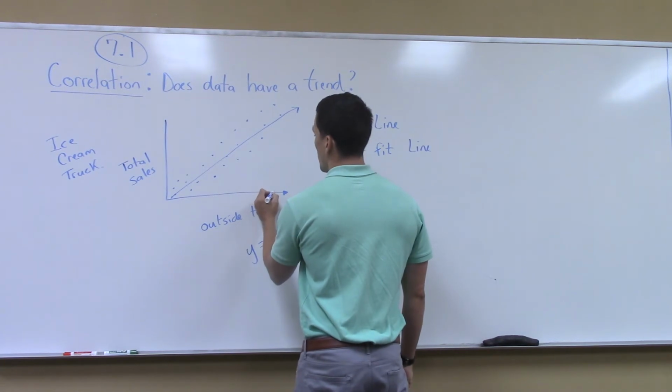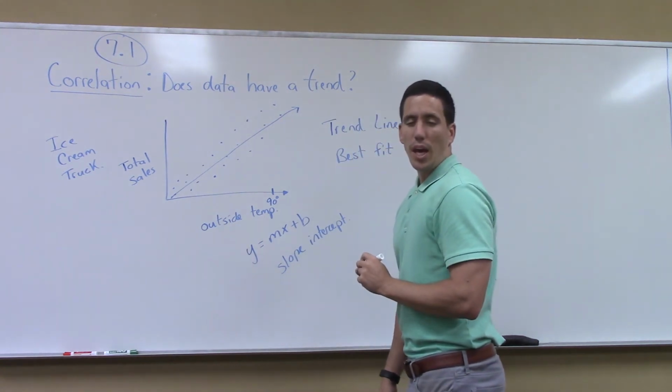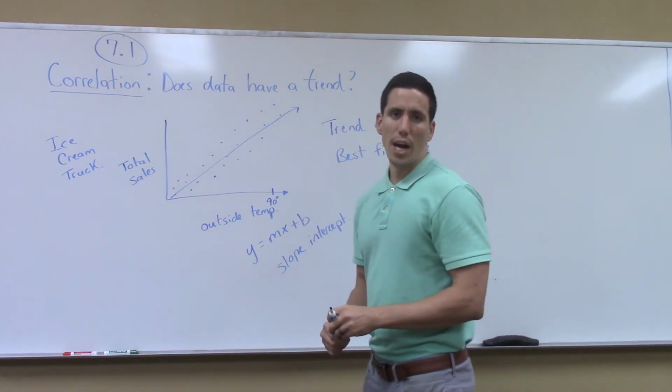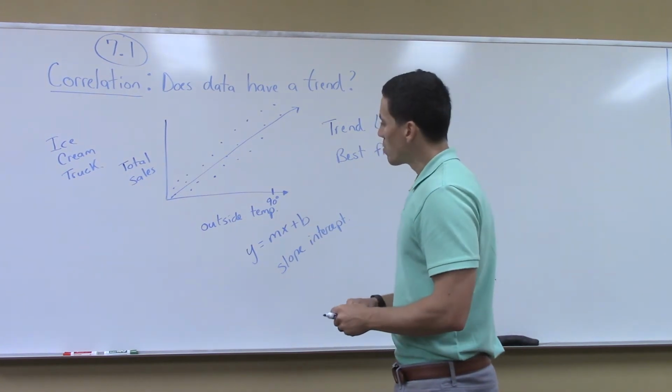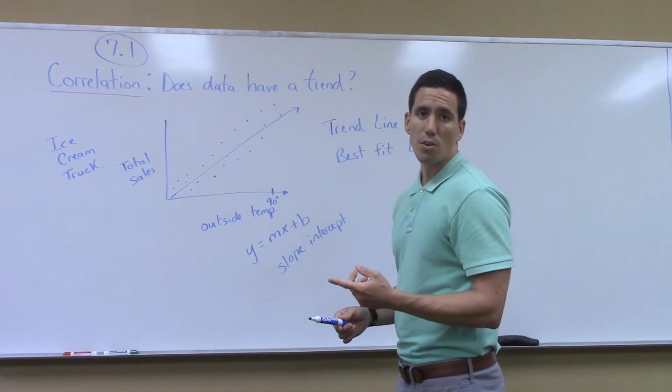Let's say that right here on the outside temperature is 90 degrees. And I'm being asked to predict, according to your best fit line, how much sales will you have on average when the outside temperature is 90 degrees?